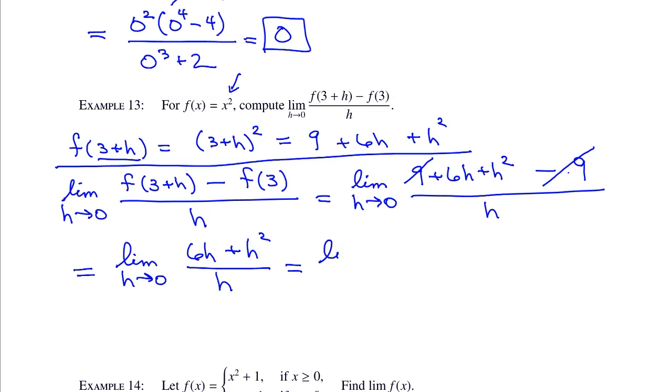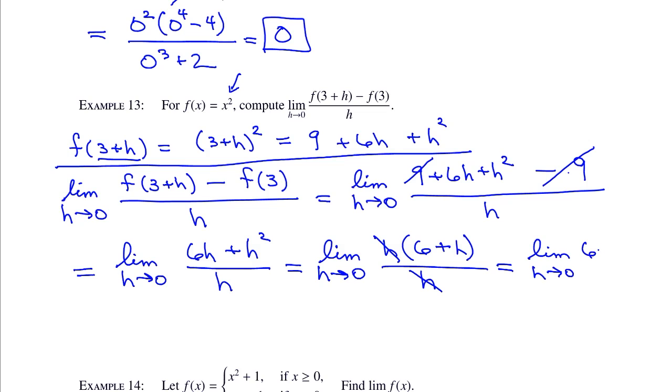So we have the limit as h goes to 0 of h times 6 plus h over h. Cancel the h's. That leaves me with the limit as h goes to 0 of 6 plus h. There's no more denominator, so I could plug in the 0.